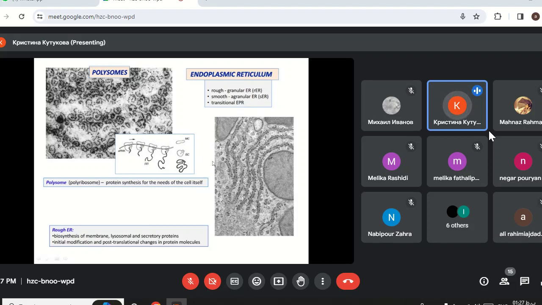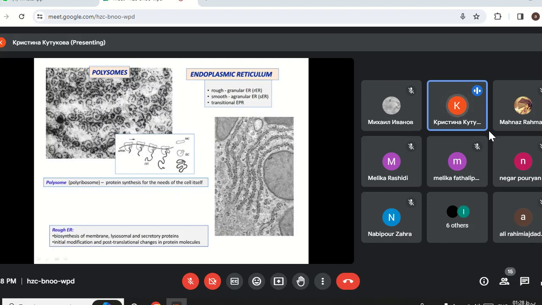Also inside the cell we can find not attached ribosomes. They can be single, like these 1, 2, 3 single dots. They are single ribosomes. They are not active. They are just waiting for some informational RNA to start their function.